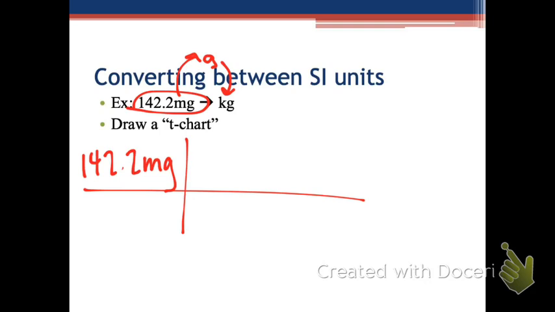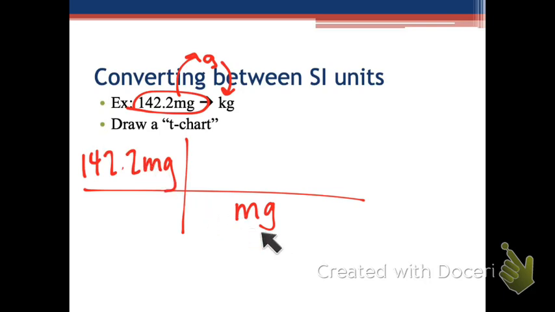So if I want to go to grams, I divide by 1,000 milligrams, right? I'm going to show you how to do this all in one take rather than do several different steps. We said that I want to go from milligrams to grams. So if I want to get rid of something that's in the numerator, I need to put it in the denominator. Do we agree?